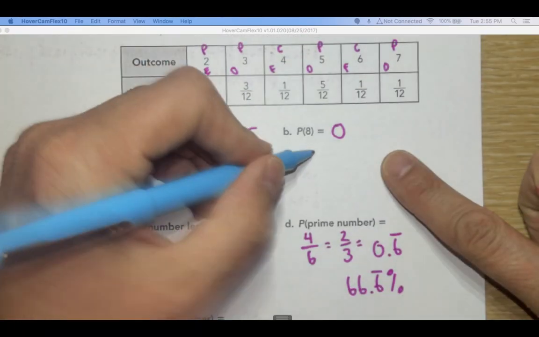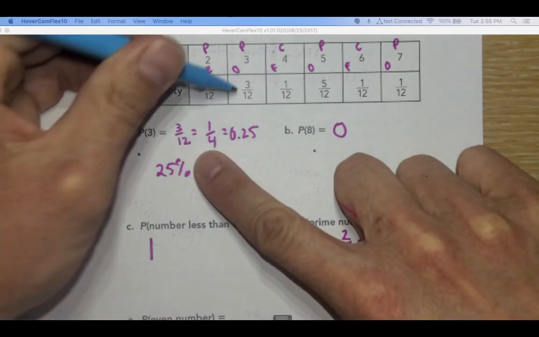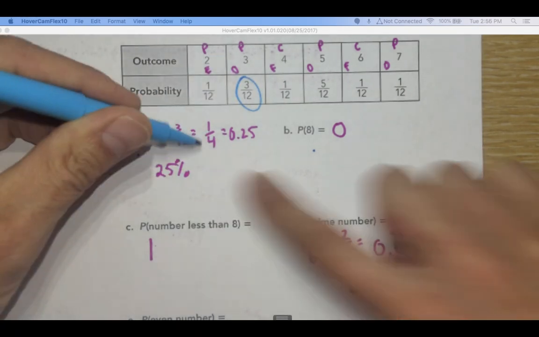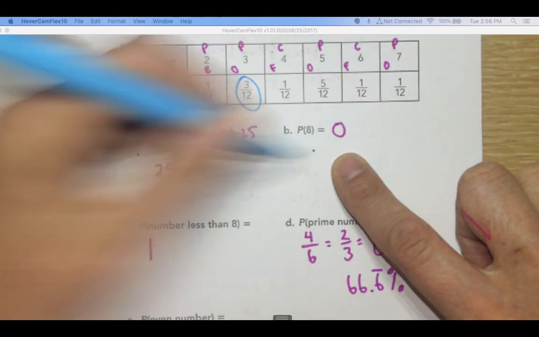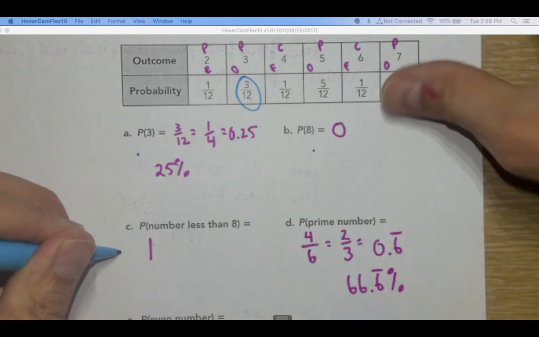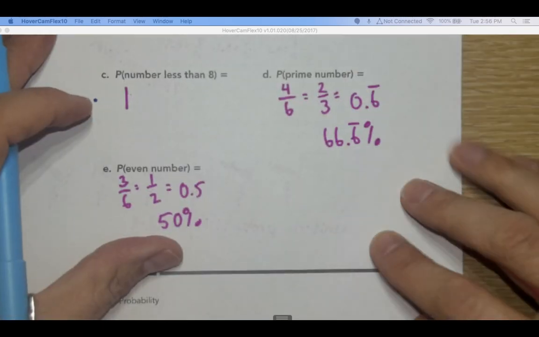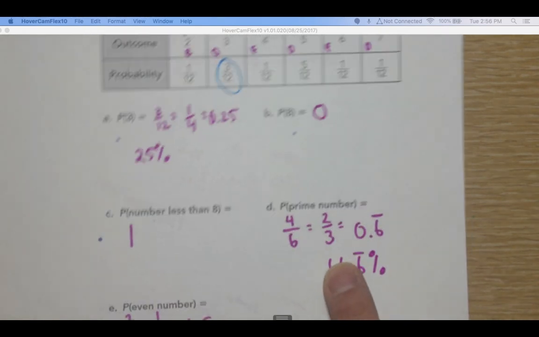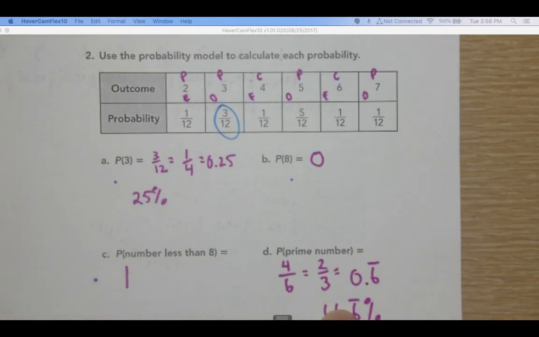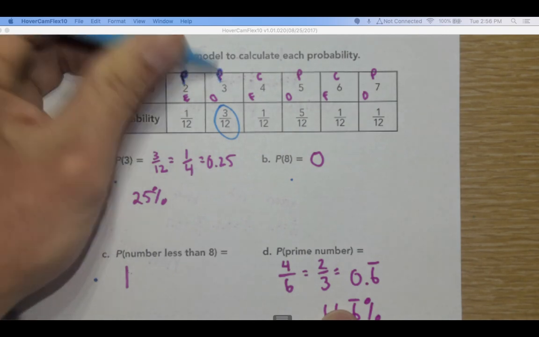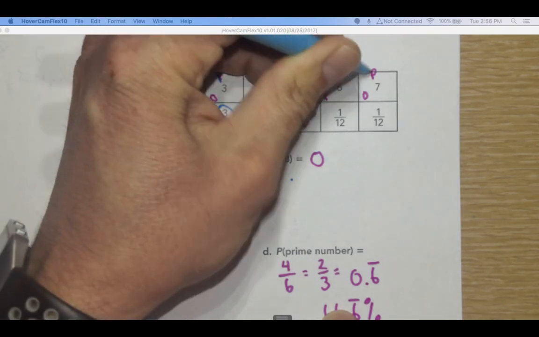The probability of getting a 3 is correct, because it's 3 out of 12, which is 25% or 1/4. For an 8, it's not on there, so it's 0. That's correct. A number less than 8 is 1, so that's correct. This is where I started making mistakes. For the prime numbers, I need to think about this a little further. The prime numbers here were 2, 3, 5, and 7.